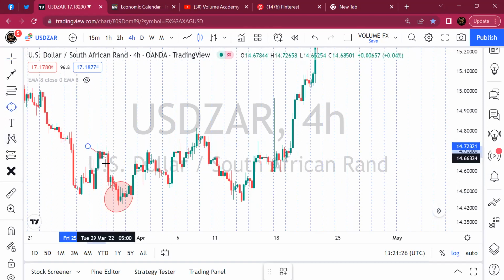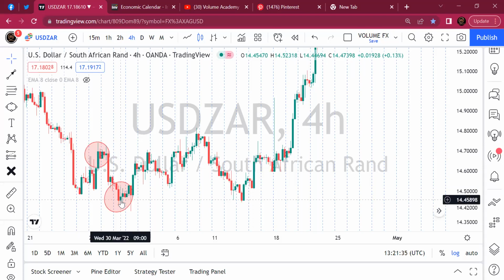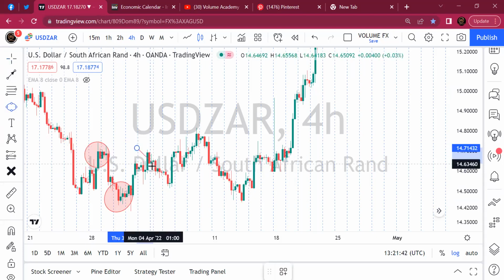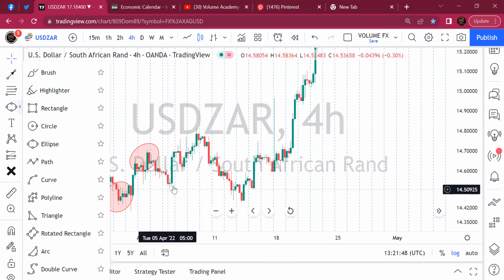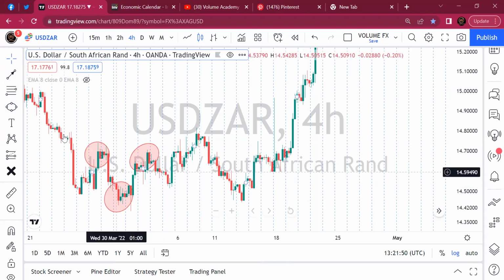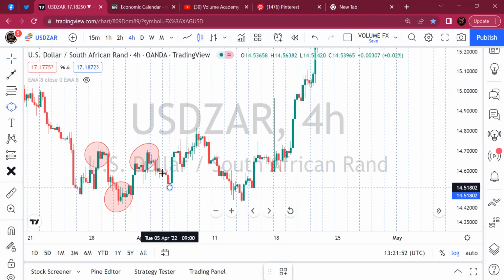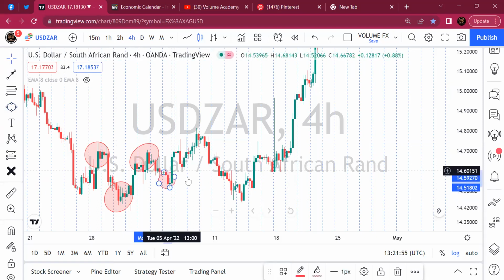You see, these Harami patterns are very powerful. Whenever you form this, you see, it started consolidating. And what happened? We sold here. It formed a bullish Harami, then another bearish Harami there. Then here it formed another small bullish Harami.